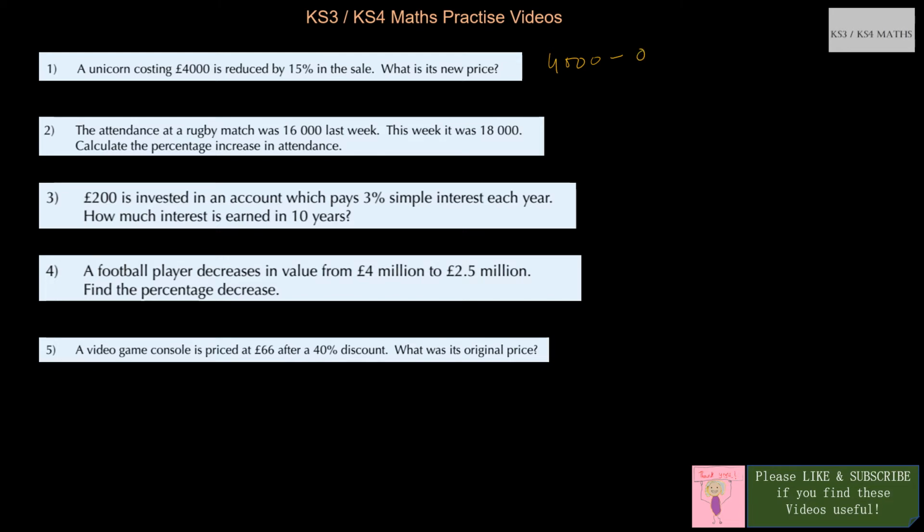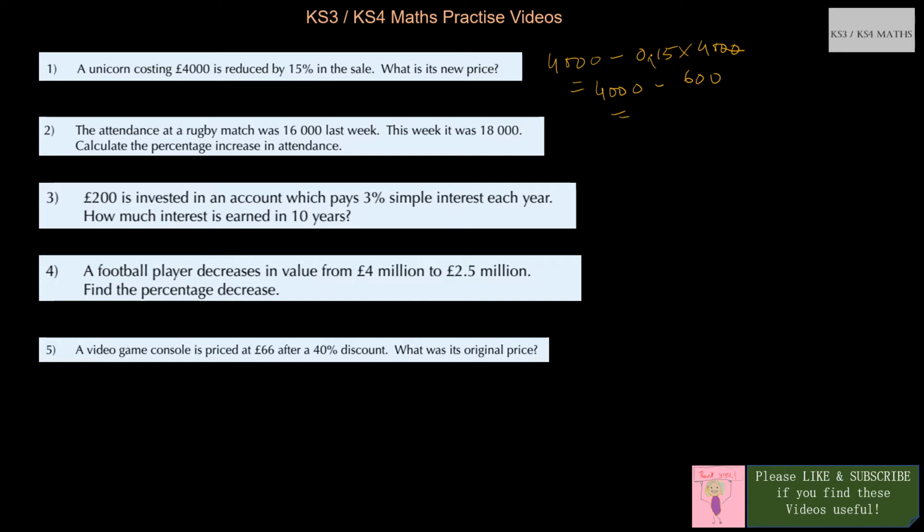So 15% is 0.15 and I'll multiply it with 4,000 and that gives me 4,000 minus 600. 4 times 15 is 60, and then the point will go away and we have to do away with two of the zeros at the end, so it's 600.